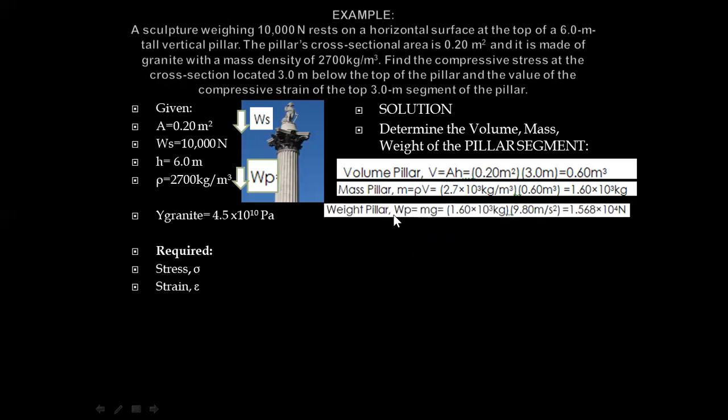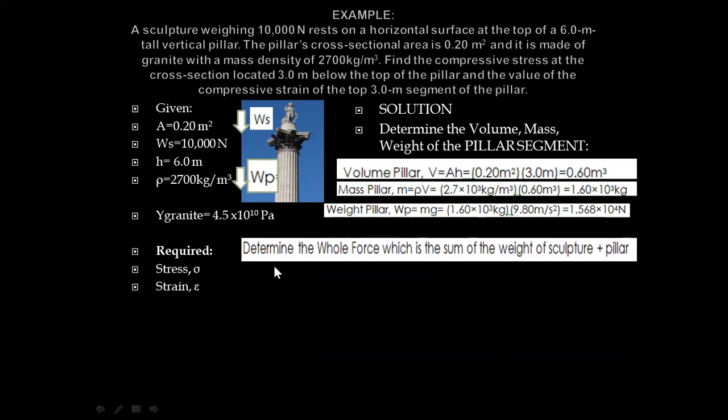Now, to calculate the weight of the pillar, WP, which stands for the weight of the pillar, it is equal to the mass times gravity. The mass is 1.6 times 10 raised to 3 kilograms. Multiply it with the gravitational constant on Earth at 9.8 meters per second squared. Simplifying gives us 1.57 times 10 raised to 4 newtons.